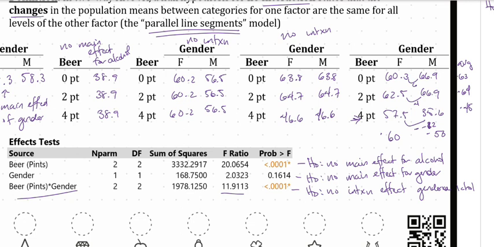That is, the interaction explains 11.9 times as much variability as it leaves unexplained when we have these other 2 terms, beer and gender, in the model. We're going to see something like this less than 1/100% of the time. That's pretty unusual, and so we have strong evidence of both an interaction between beer and gender and of a main effect for beer.